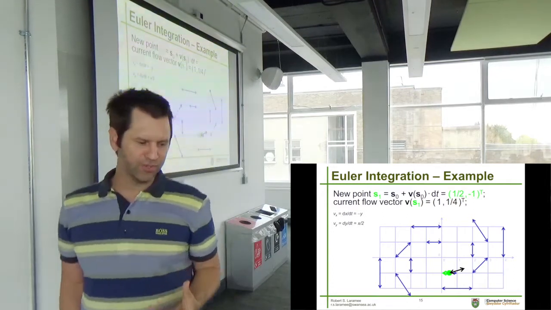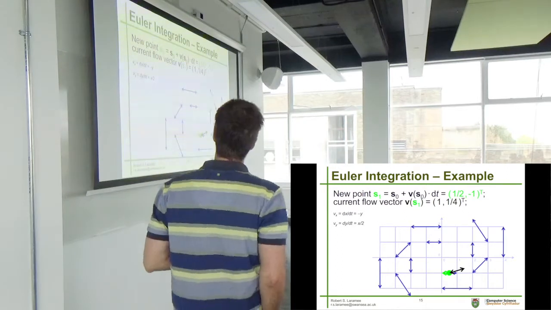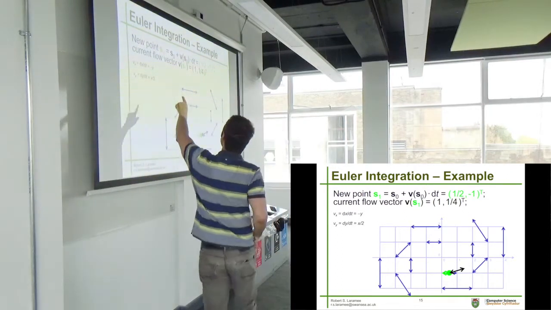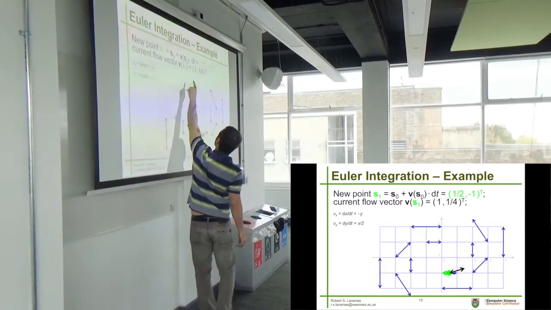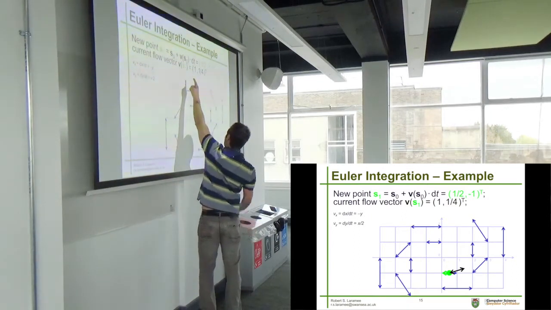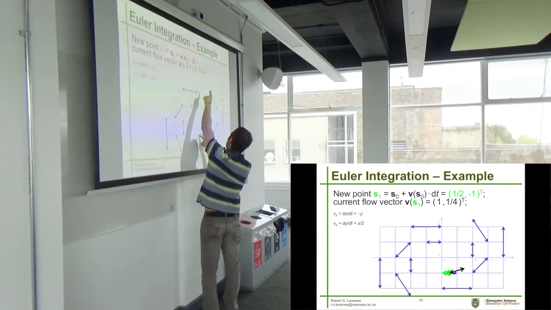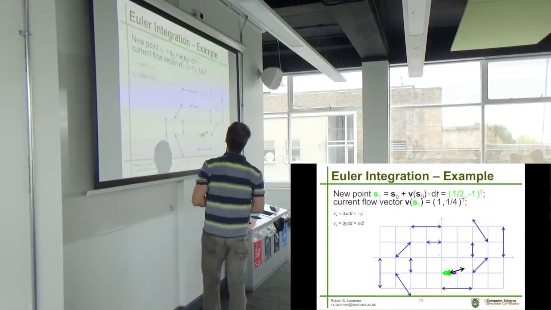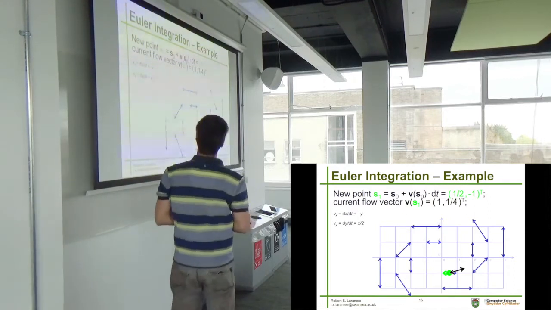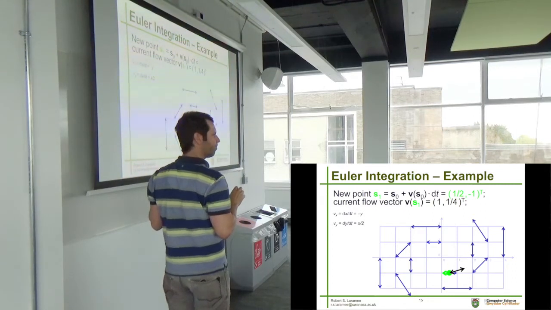And the numbers start to get more complicated, right? So the new point is the old point plus the vector at the origin times dt, which turns out to be 1/2 multiplied by minus 1. So that's the new point, because you're adding the points together.